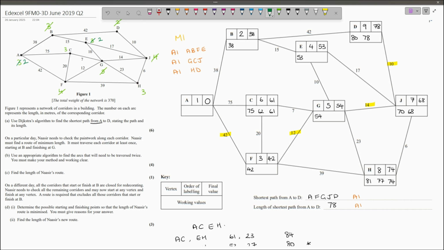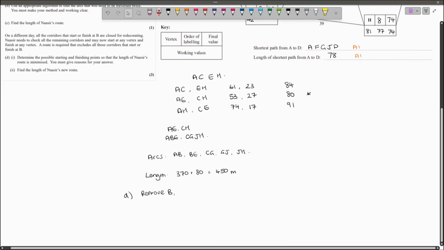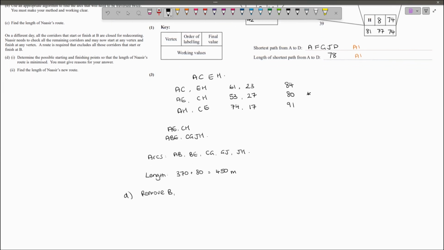And D will have a degree of 1. So the vertices with an odd degree are going to be C, D, G, and H, because G is now being considered. So if we remove B, then C, D, G, and H are odd.